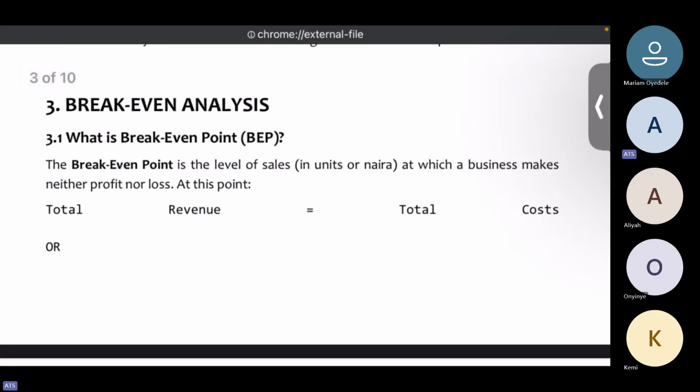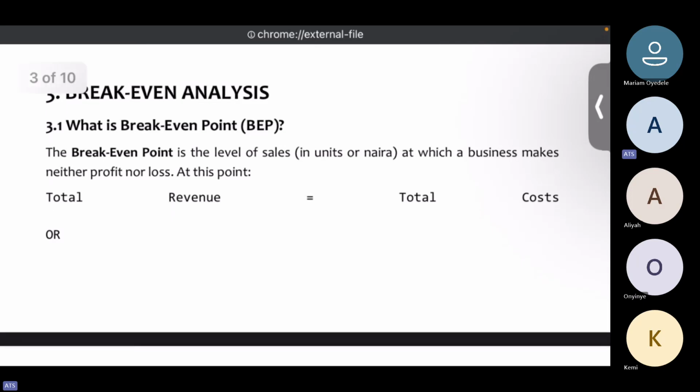Now, this leads us to break-even analysis. I'm sure that sometimes you would have heard that some people even just refer to CVP analysis as break-even analysis. And they'll be right, because break-even analysis is basically a narrow version of cost-volume-profit analysis.